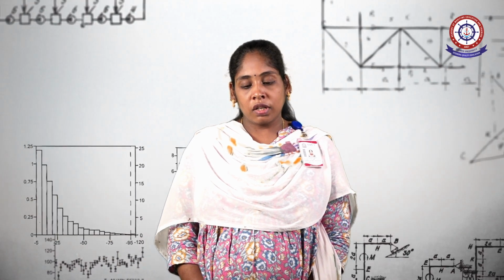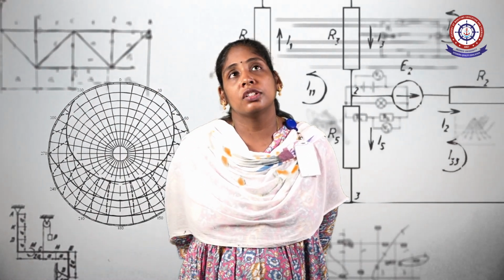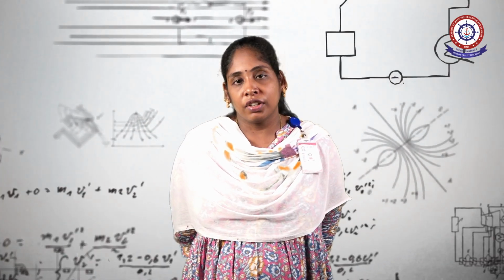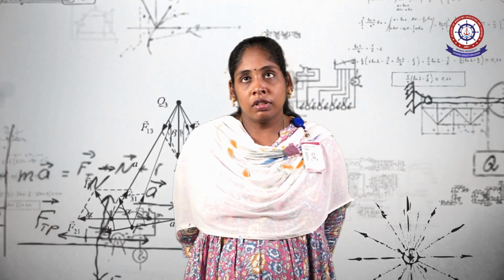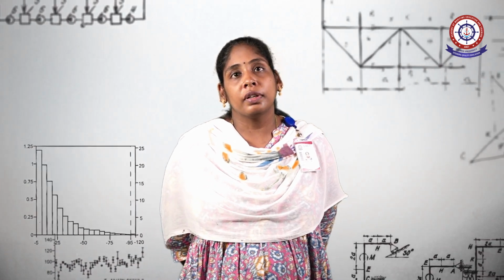Where does it work, and what are the major applications of power electronics? Especially in ship propulsion systems, we use it in four stages: power generation, power transmission, distribution, and power control. If you look at the basic block diagram of power electronics, we have various components.